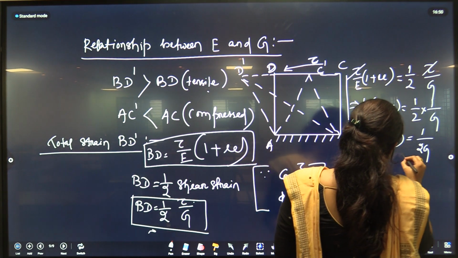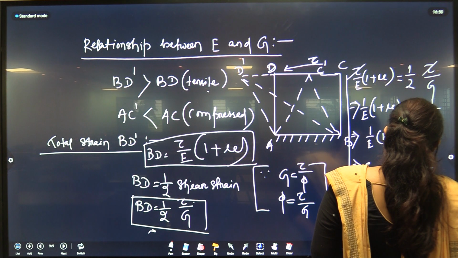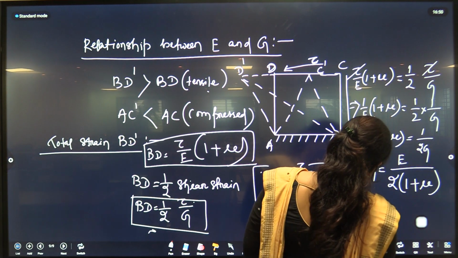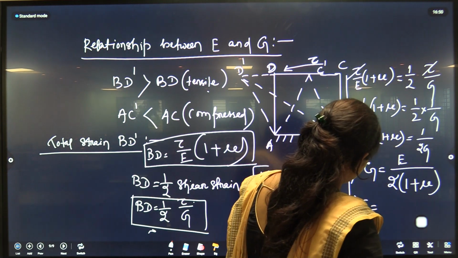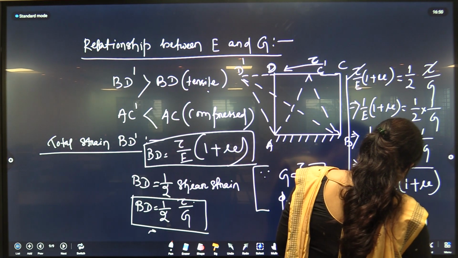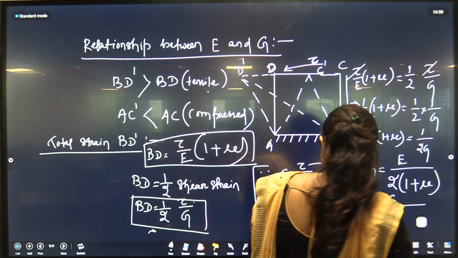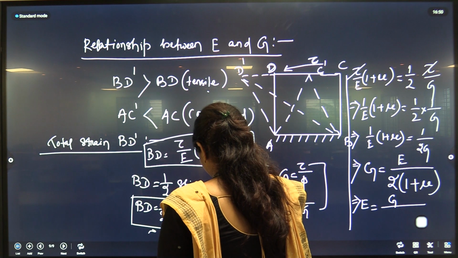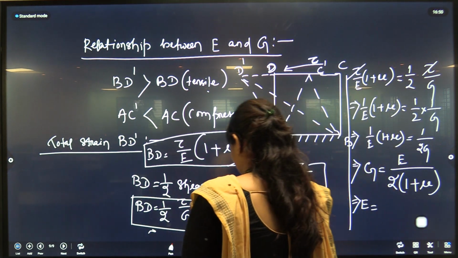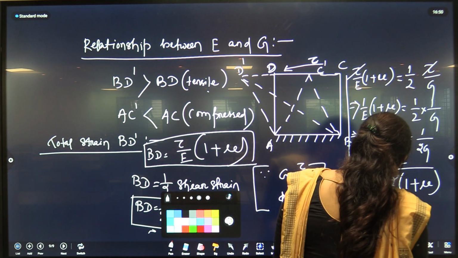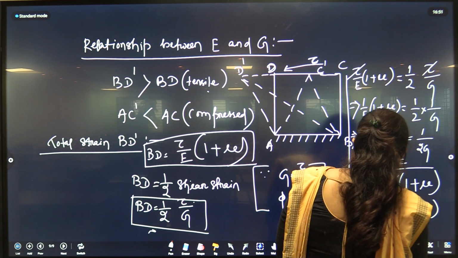G will become E upon 2 into 1 plus mu, or we can write E equals 2G into 1 plus mu.